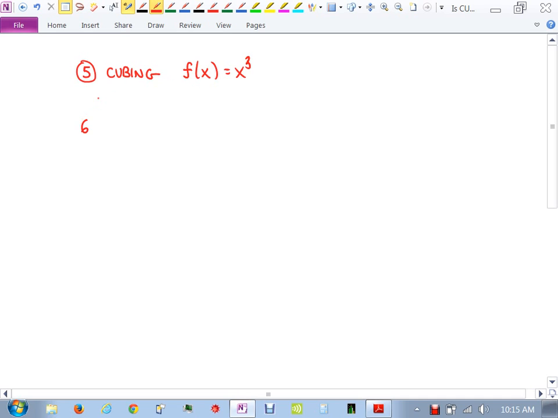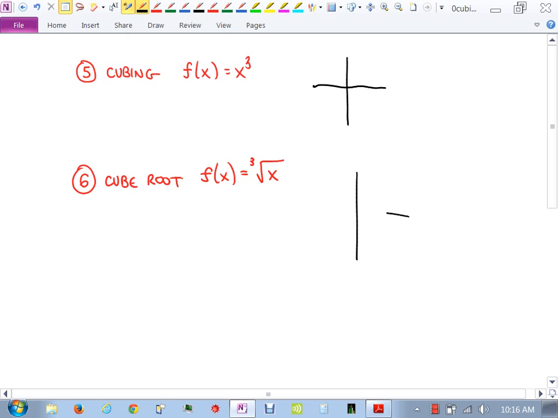And the sixth one, I'll leave some space here, is the cube root. And that's f of x equals the cube root of x. Now I'm going to draw the pictures of these on the side, but I'm not going to plug points in because I think you get the idea. You could just plug points and get your dots and figure out what it does.